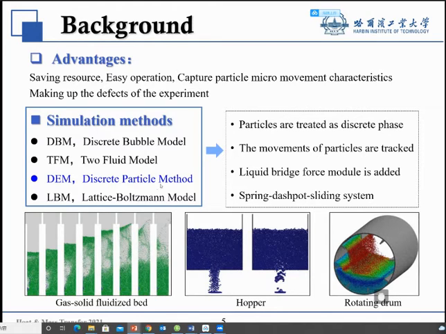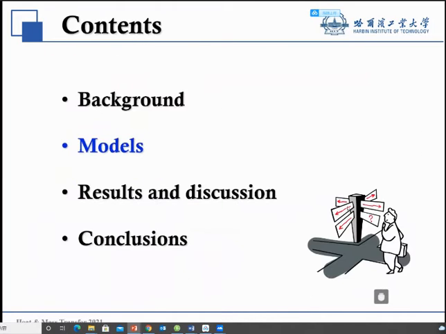So the DEM is very convenient for adding the liquid bridge force module. So here are some figures and some results from other references by the DEM.